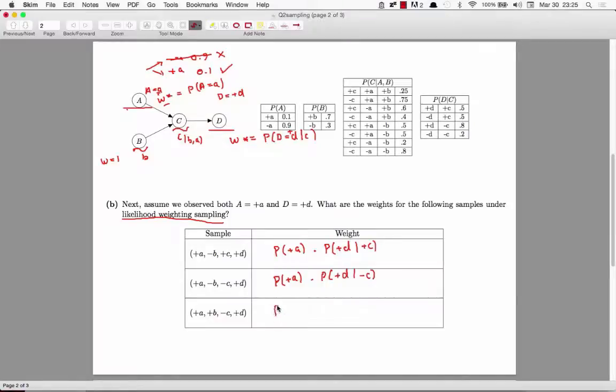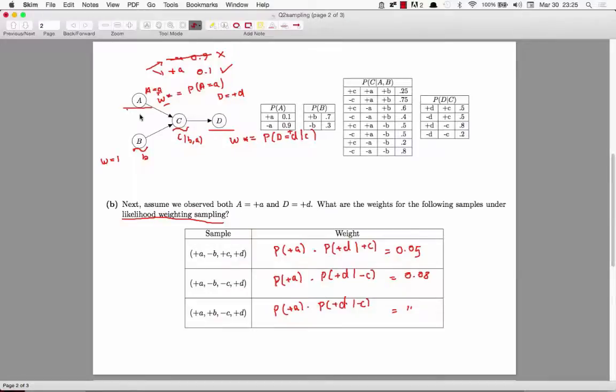And similarly here, P plus A, this is just the same as the above. So P plus D given minus C, and the values here are, so this weight is 0.05 and these two weights are 0.08. So the same thing.